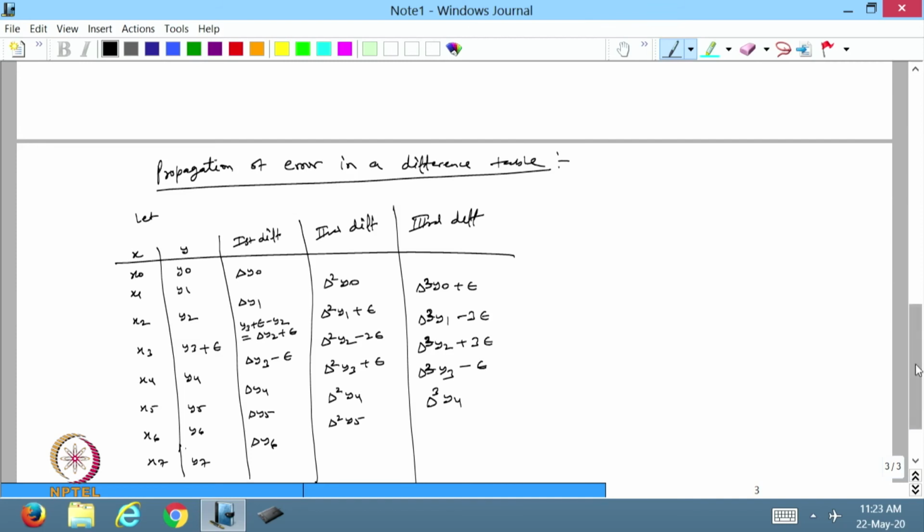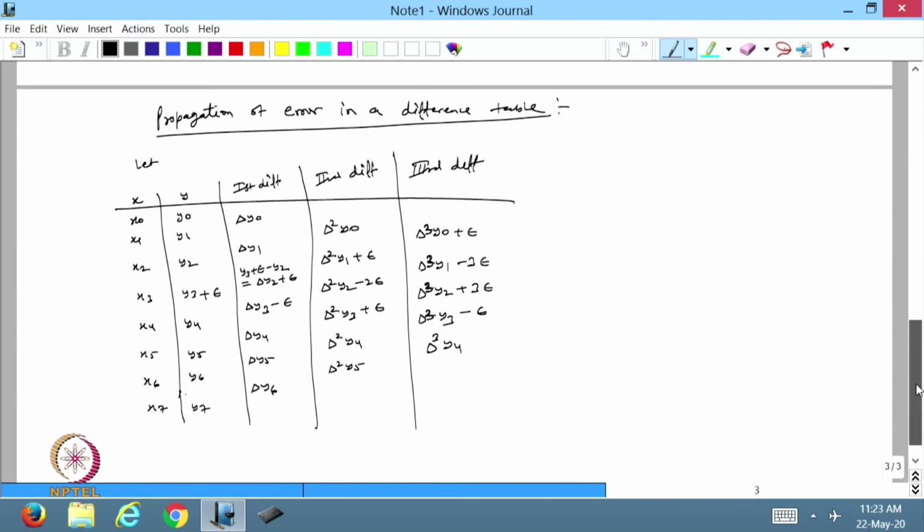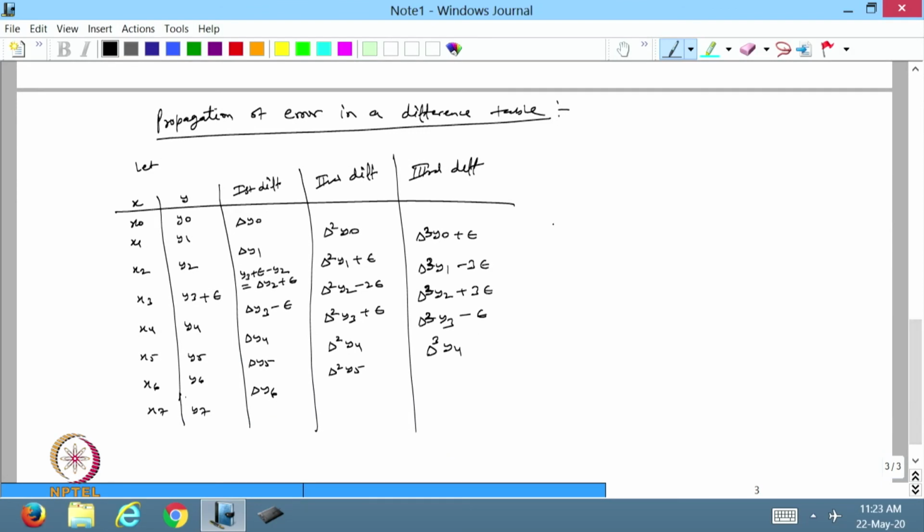So, if you see from here, the next will be, so here you can see that the error has been distributed, or error is spreading in the two places here. So, in the two places the error is coming here. In the second difference, error is spreading at 3 places, then error is spreading at the 4th places.